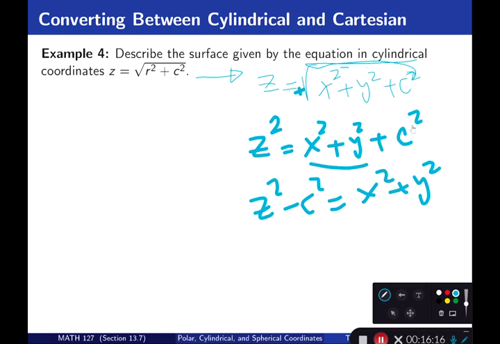And this is one of those three quadric surfaces between a cone, elliptical hyperboloid of one sheet or hyperboloid of 2 sheets, and which one it is. Since for some z values there's no x and y value, it's a hyperboloid of 2 sheets.